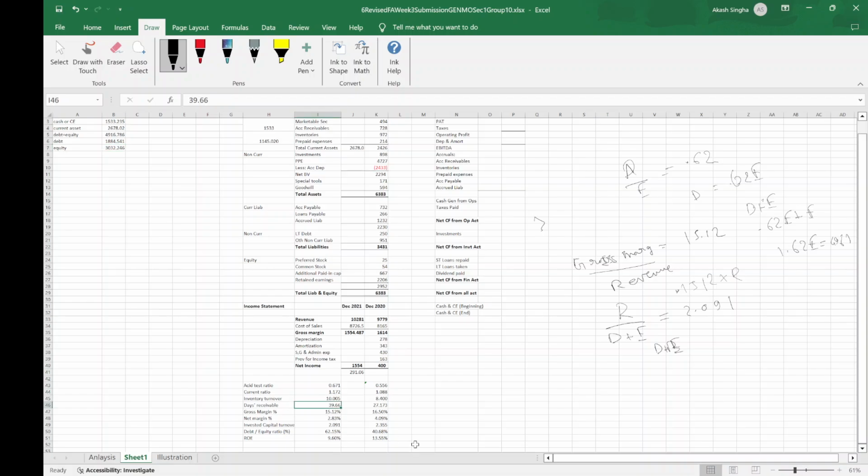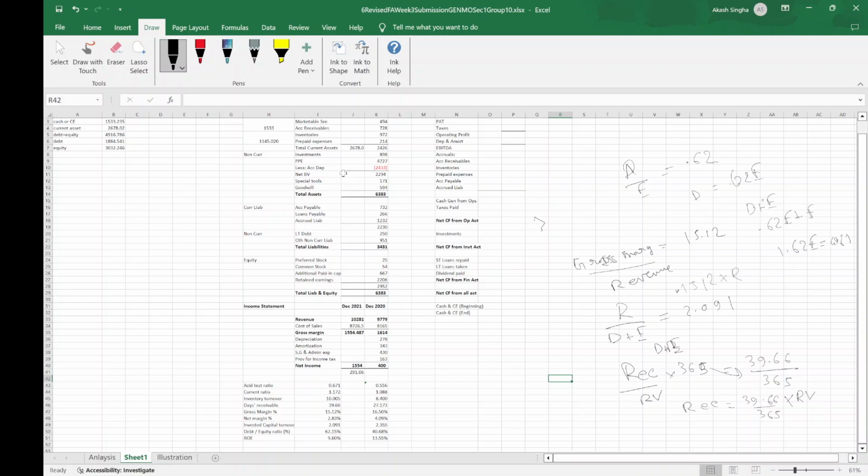Days receivable 39.66. So days receivables means receivables by revenue into 365 equals this value 39.66. So it will go there. 39.66 by 365 and receivables would be 39.66 by 365 into revenue.